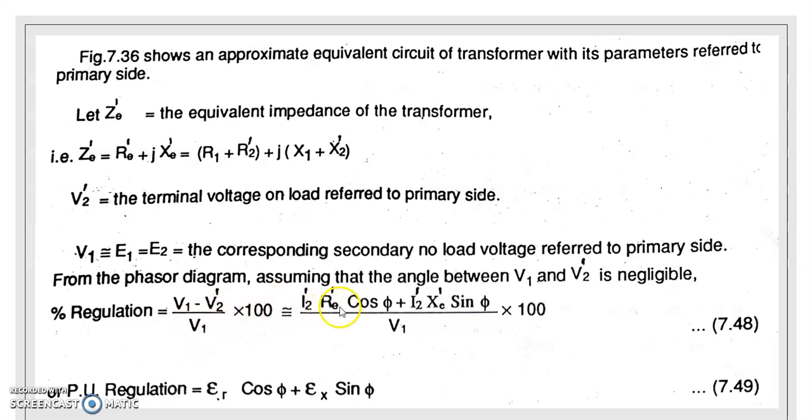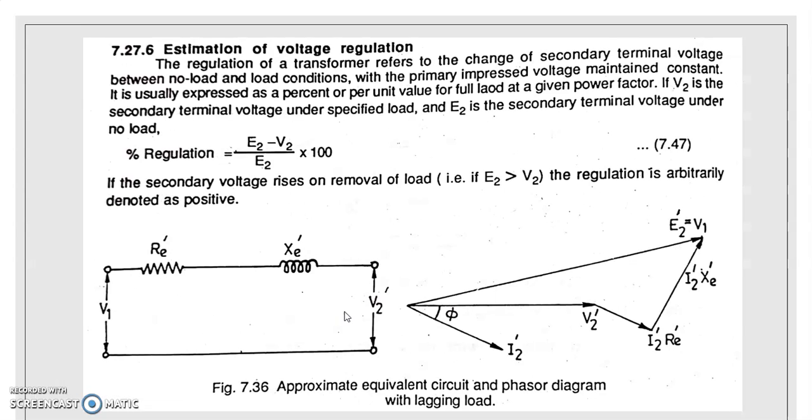So we can calculate V1 as per the phasor diagram here. You can see we have to calculate V1, this vector. To calculate this vector, you can take the vector addition of V2 dash, I2 dash Re dash and I2 dash Xe dash. Taking the vector addition, you get V2 dash plus two components: the cos component is I2 dash Re dash cos phi, and the vertical component is I2 dash Xe dash sin phi.